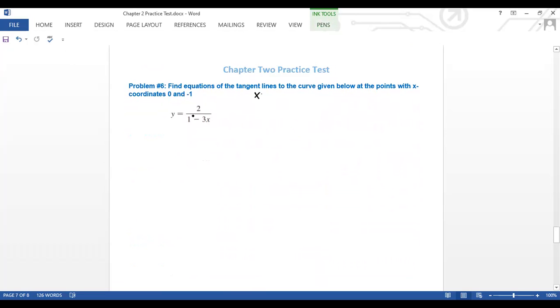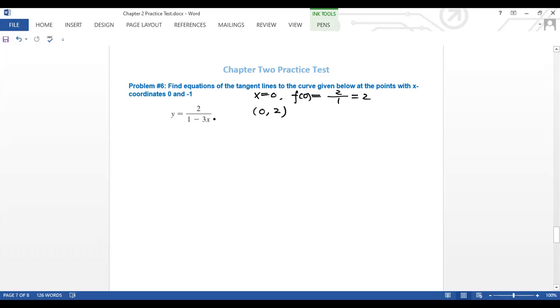So x equal to 0. When x equals 0, what is f of 0? f of 0 is 2 over 1, so it's 2. So I have 0 and 2. This is the point I'm supposed to go through here.